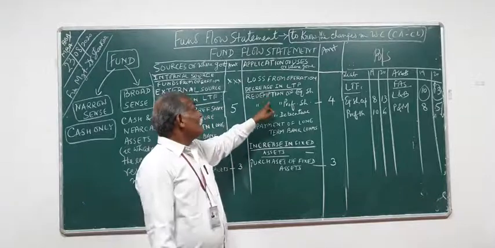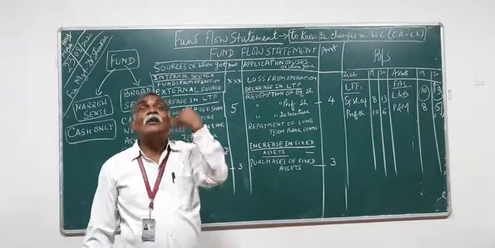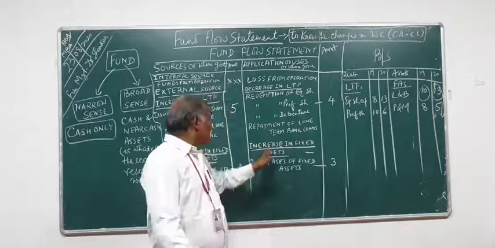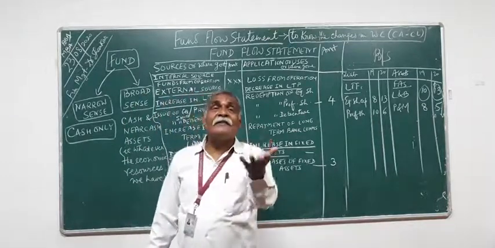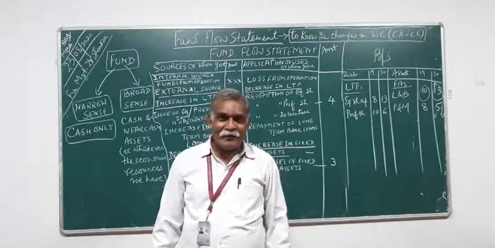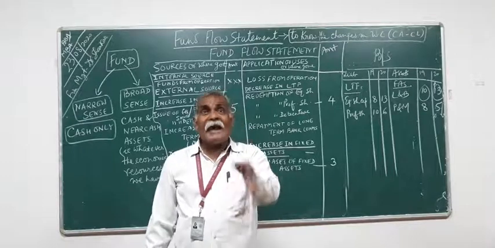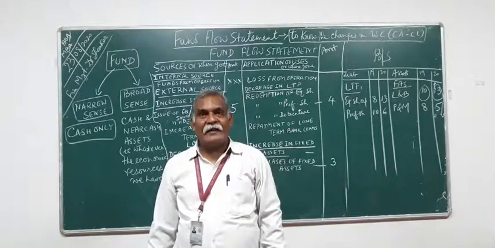But a decrease in long-term fund means you are utilizing your fund, and an increase in fixed assets means utilizing your fund.